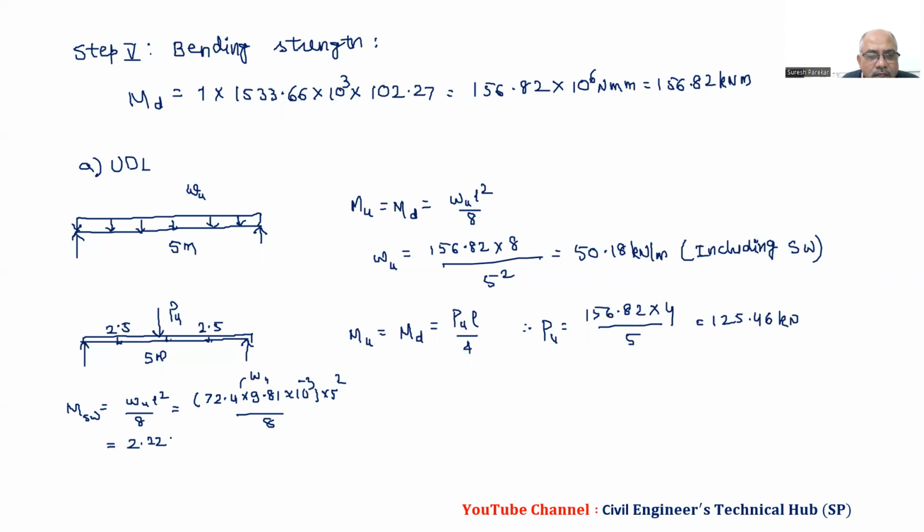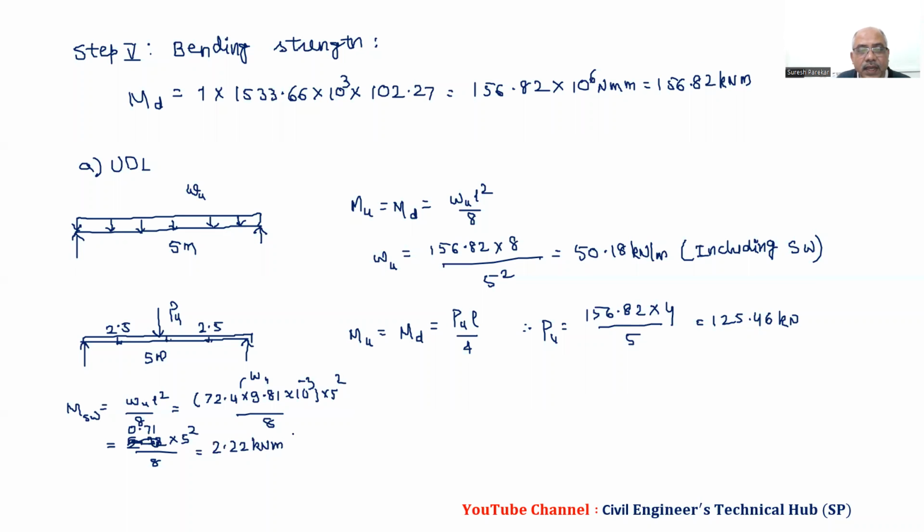No, sorry, this is the self weight, and this value comes from 72.4 into 9.81 divided by 1000. It comes 0.71. Then into 5 square upon 8, it comes 2.22 kilonewton meter.